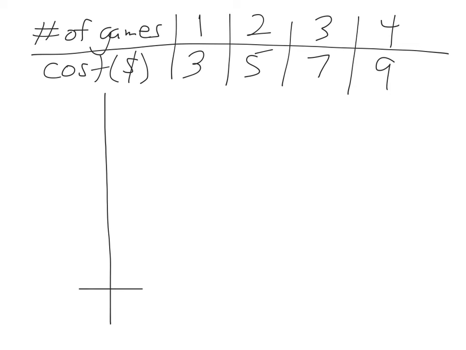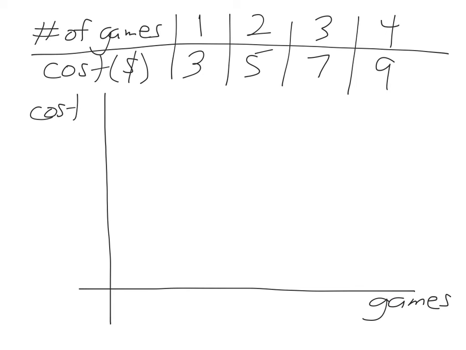So here again, I'm going to draw my graph, and I'm going to do games here. I'm going to do cost here. And we're going to go 1, 2, 3, 4, 5. 1, 2, 3, 4, 5. And I'm going to go 2, 4, 6, 8, 10.